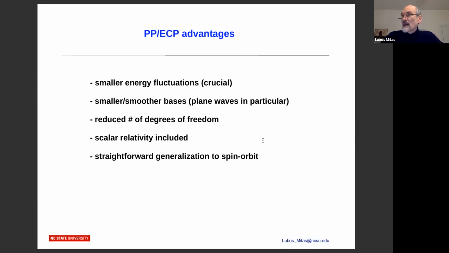Basically, then you end up with regions of configurations which have very large fluctuations in the energy. And in fact, this region will dictate the efficiency of the whole calculation.